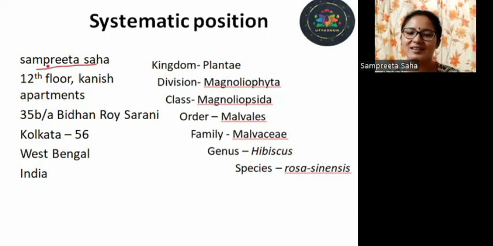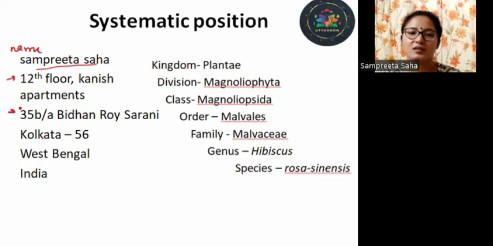So how do you put it in the letter? At the center, you know the format. At the center, you write the recipient's name, address, and details. So what details are necessary? First, you have to write the name of the person, isn't it? This is the name. Next, name of the apartment and floor or flat number. All these things are there.